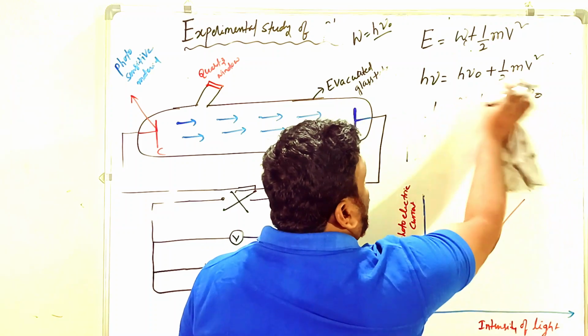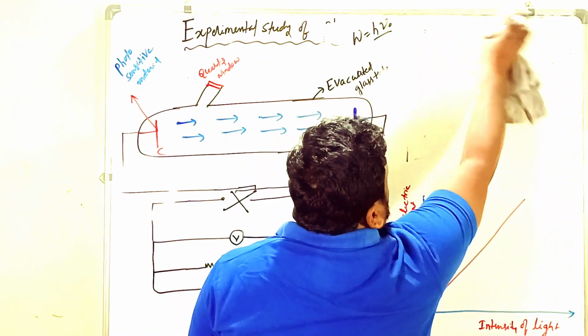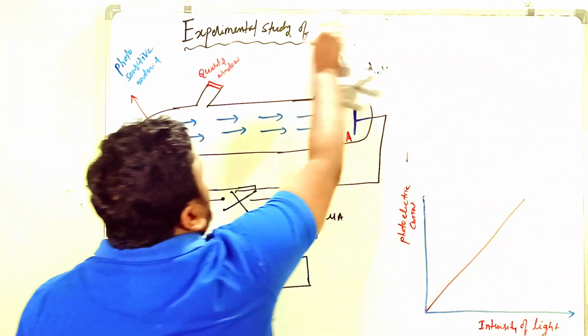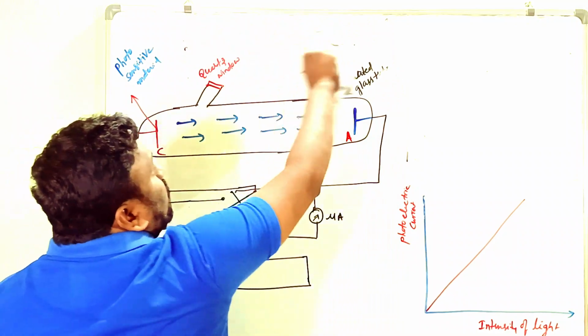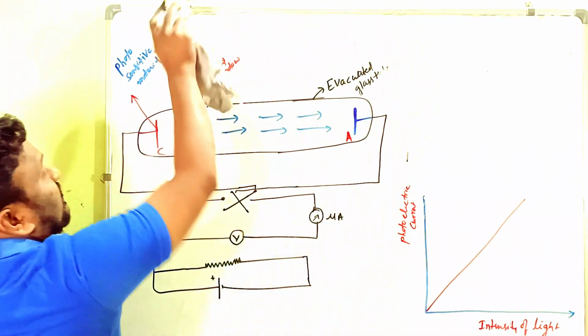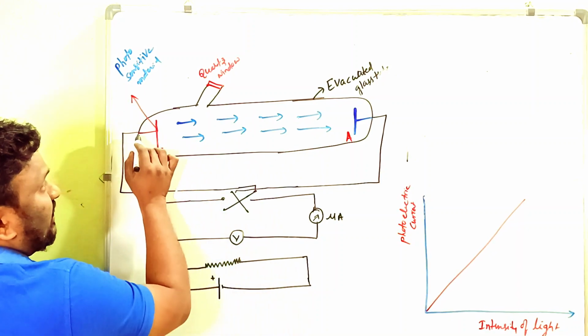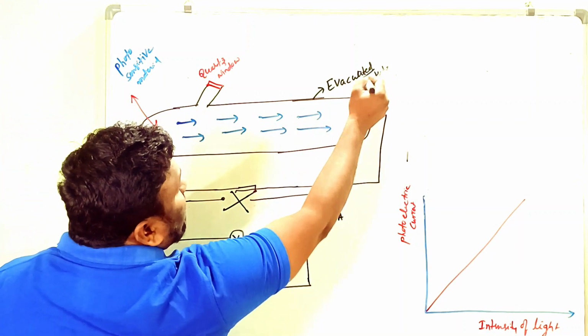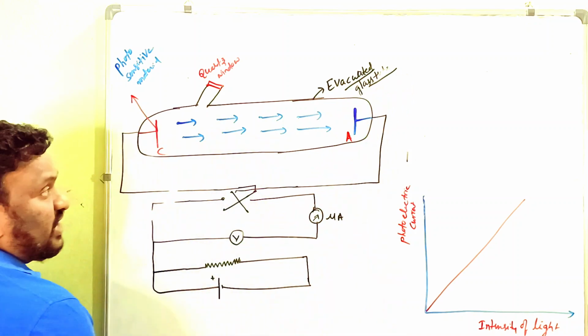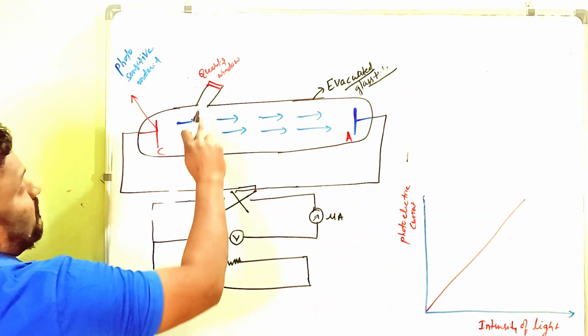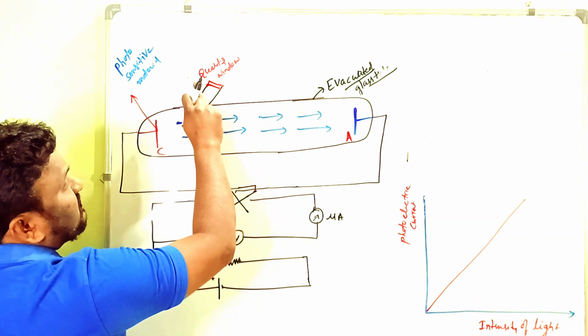On the board the diagram is there, you can observe very carefully. It is a very simple experiment. Here you can see an evacuated glass tube or discharge tube. For that there is a quartz window. This is the quartz window.